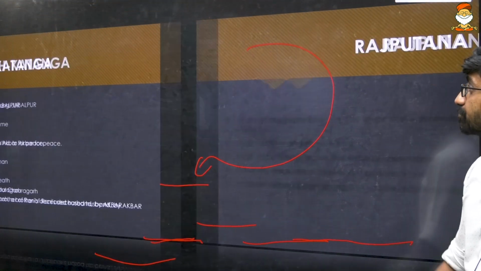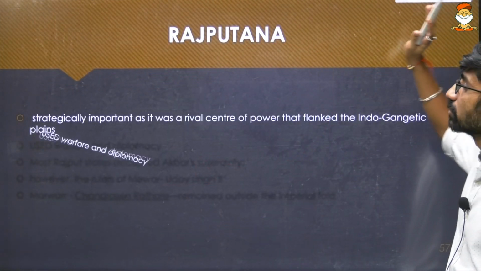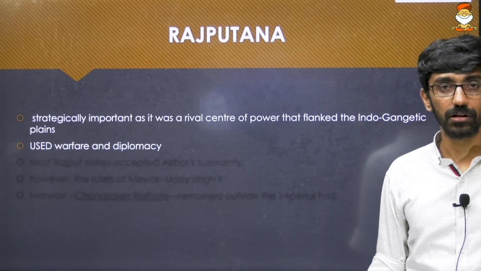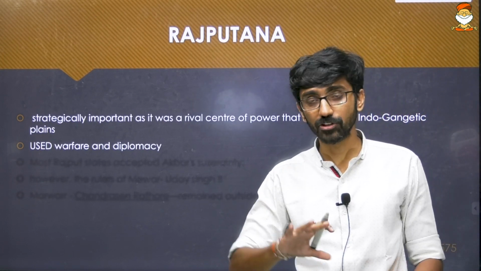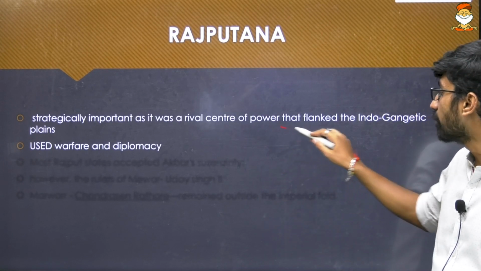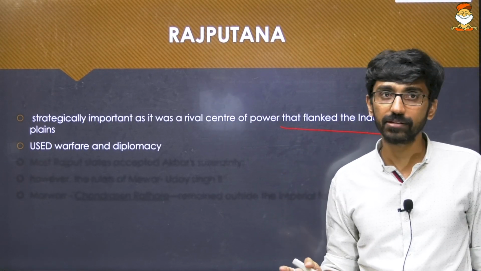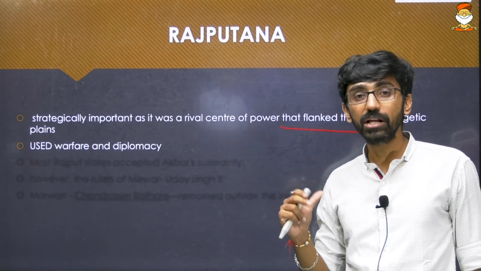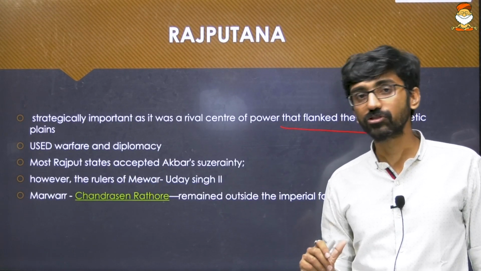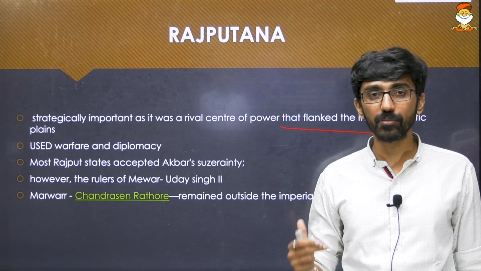Then Rajputana, you can talk about it as strategically important, and the Mughals also used the help of Rajputs in expanding their empire in India. At the same time, it was a rival center of power that flanked the Indo-Gangetic plains. Particularly to deal with the Rajputs, Akbar used both warfare and diplomacy. Most of the Rajput states accepted Akbar's, or Mughal, suzerainty.